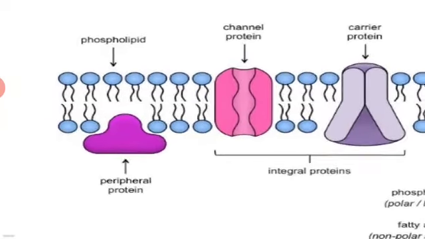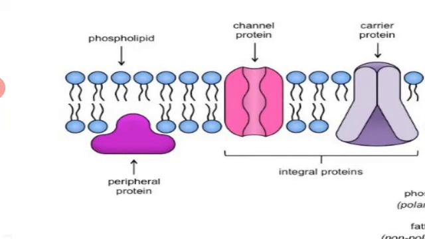In our picture, we have what they call the peripheral protein. These are proteins that are at the surface of the plasma membrane. They are not tightly bound to the phospholipids. They are loosely attached and they do not penetrate deep into the plasma membrane.